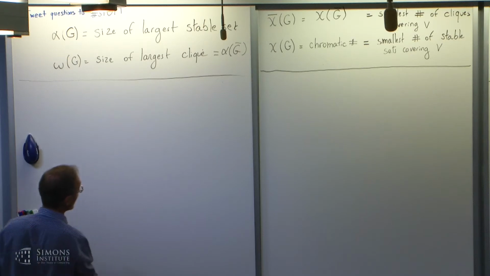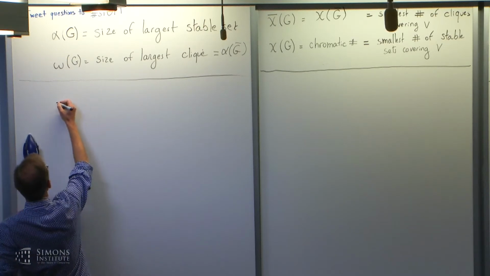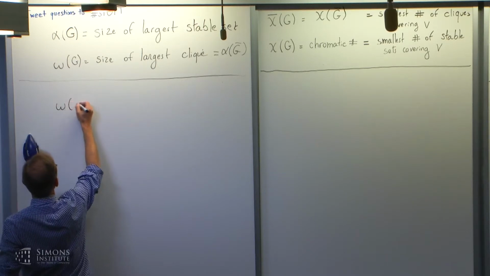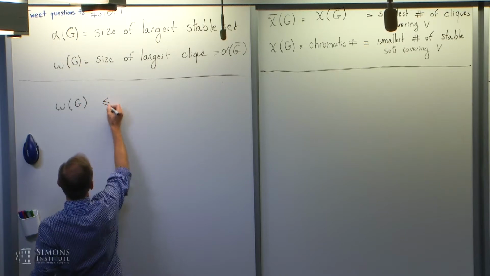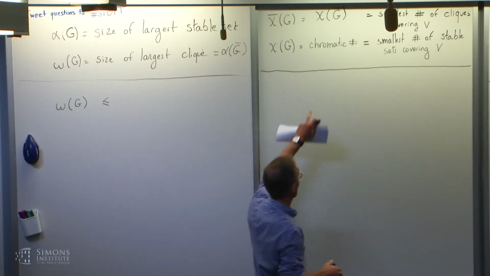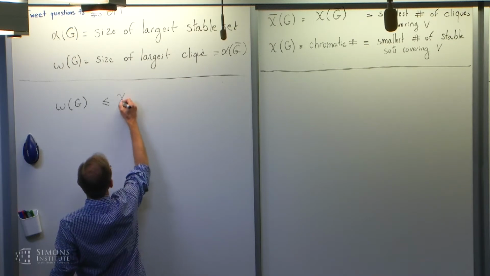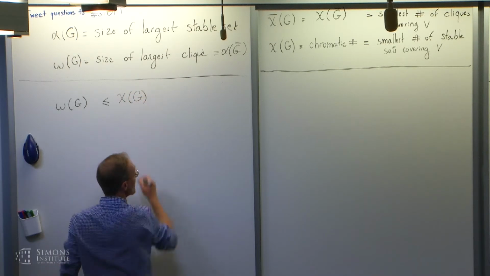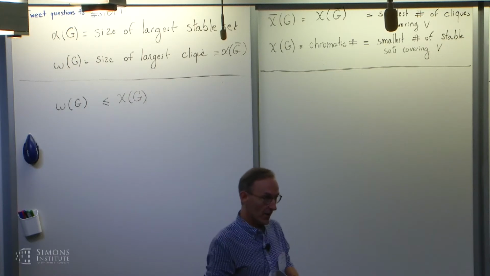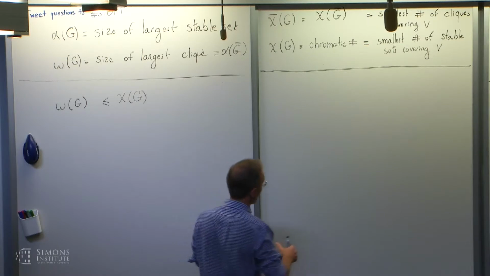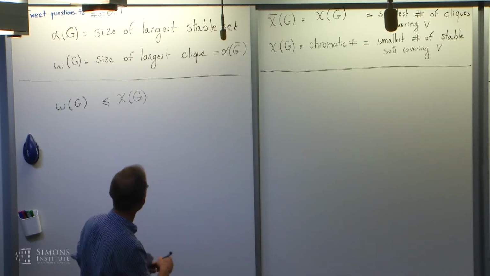And so the first obvious relation is that the size of the largest clique is at most the chromatic number, chi of G. So chi of G is the minimum number of colors needed to color all the vertices of the graph properly, which means that it's the smallest number of stable sets that cover all the vertices.